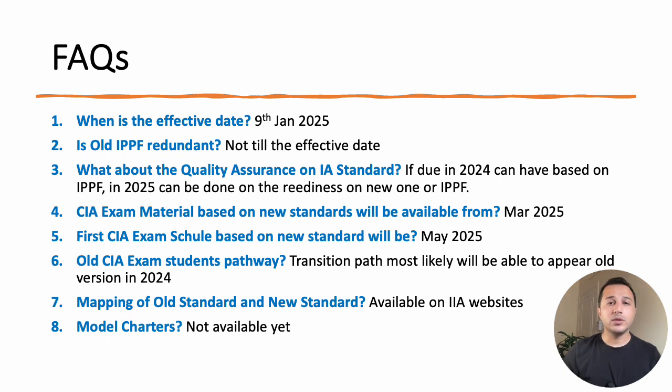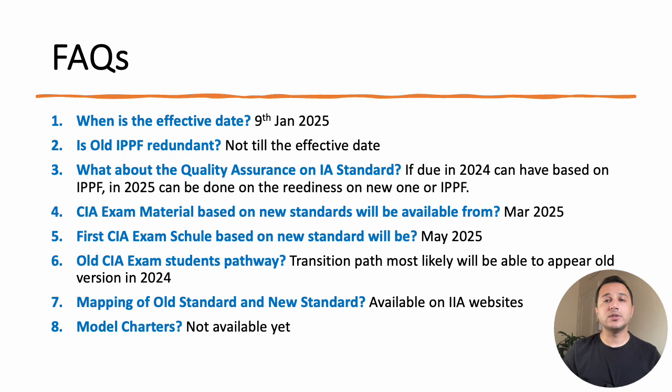What about the quality assurance on the internal audit standards? So basically, if your department needs to carry out an external independent quality assurance as per the previous IPPF requirement, then in 2024 you can opt to ensure the compliance with the current, which is 2024, or the previous 2017 standards compliance assurance.